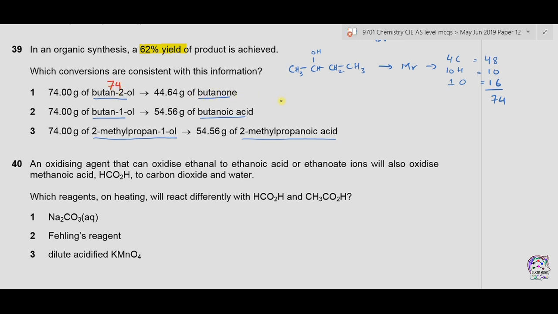Second is butanone. So Mr is, there are 4 carbon atoms, 8 hydrogen atoms, 1 oxygen atom, just adding these 3 we have 72. Then we have butane 1-ol.